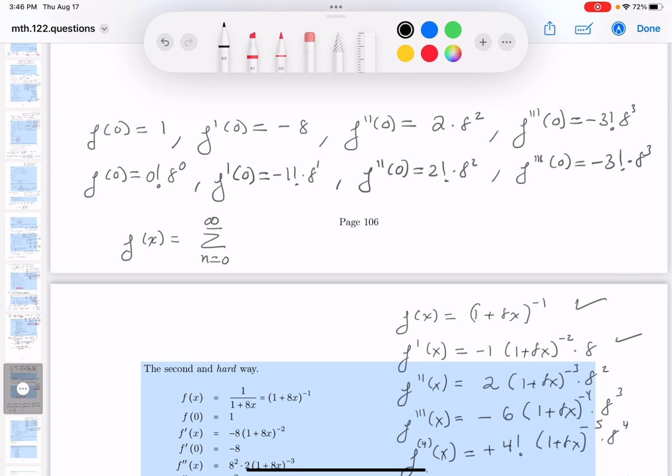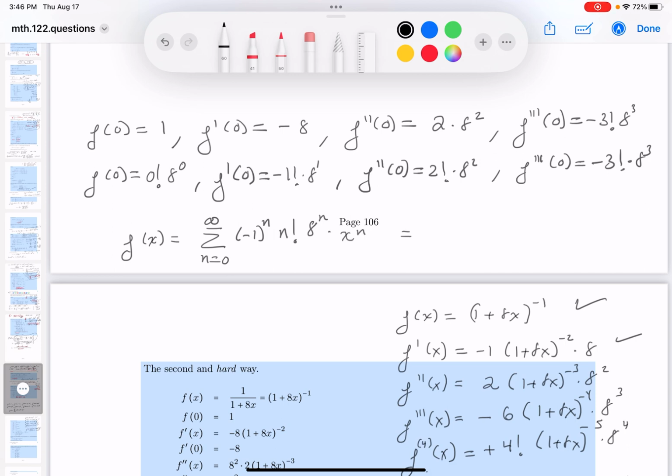I'm going to put the sign of it down, and the sign would be, let's see, 0 gives you positive, so I'm going to say minus 1 to the n. I see there's a factorial. I'm going to put n factorial down. And then I see an 8. And what's that going to be? 8 to the n. All right, then what I put over here, x to the n now.